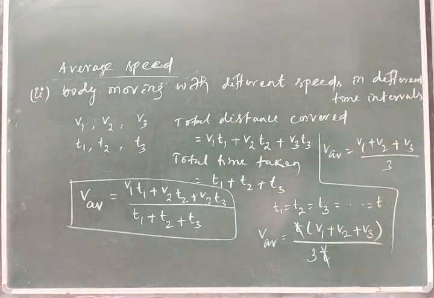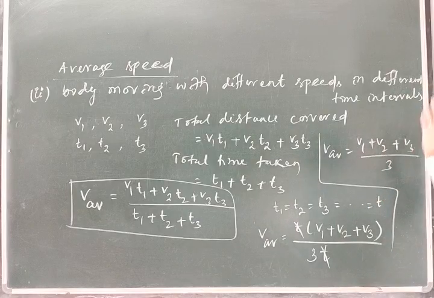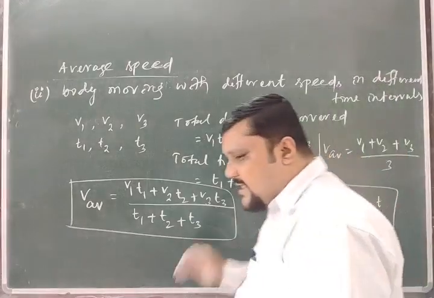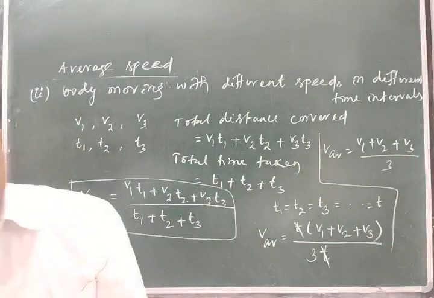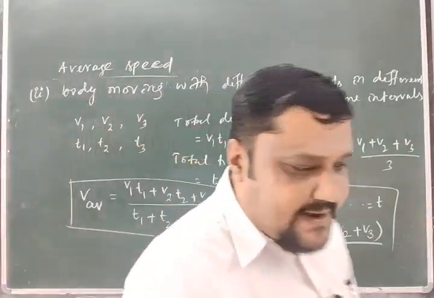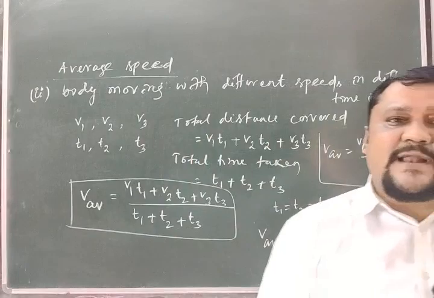If n cases are given, it is V1 plus V2 plus V3 up to Vn divided by n. So these are the ways of calculating average speed for different cases. Okay, students, thank you.